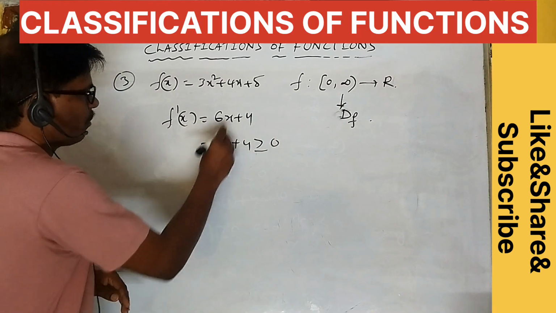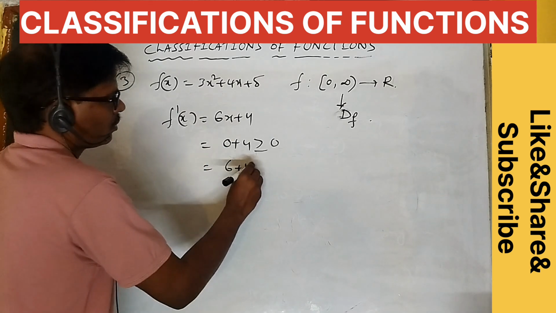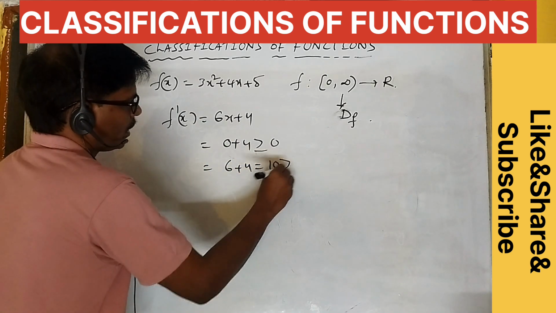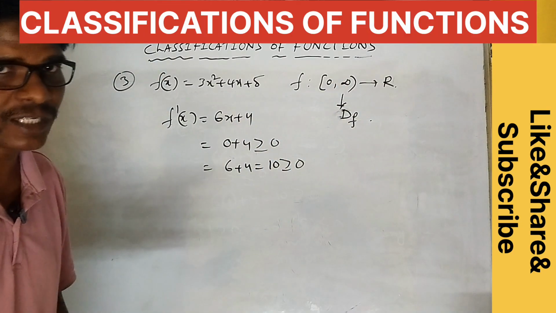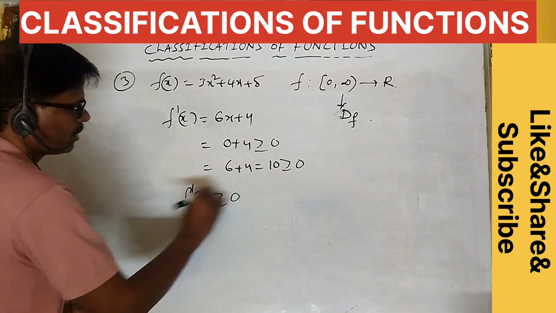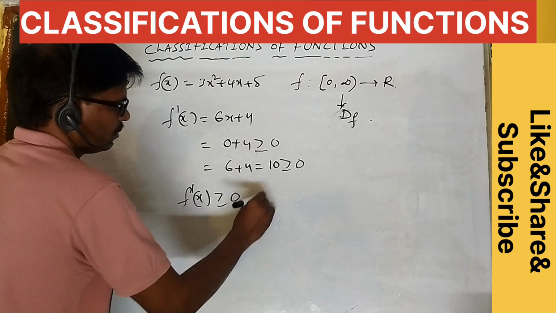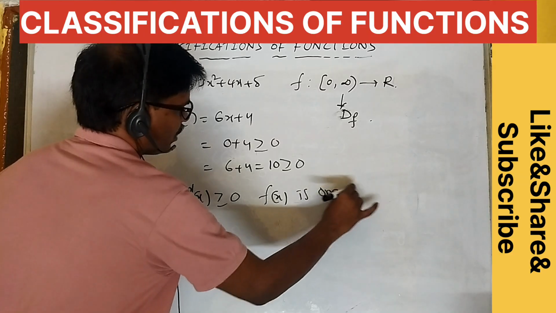Next, domain value 1 gives 6 plus 4 equal to 10, greater than or equal to 0. Any positive value substituted here is greater than or equal to 0, so f'(x) is greater than or equal to 0. This is a one-one function.